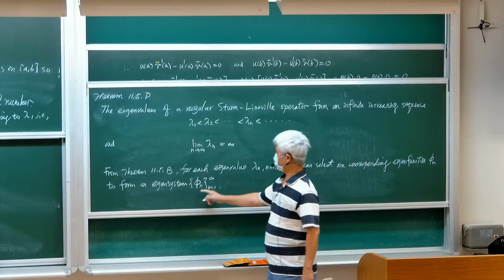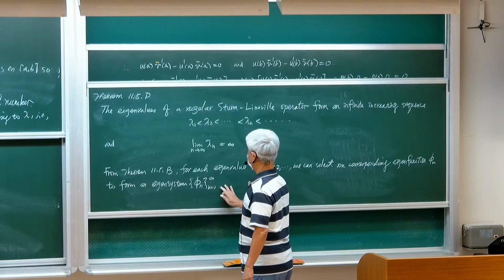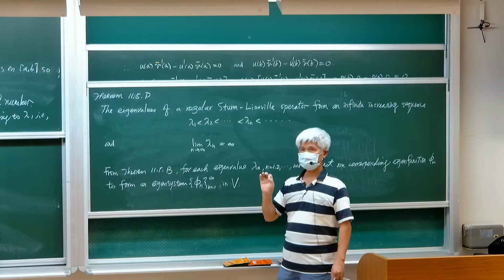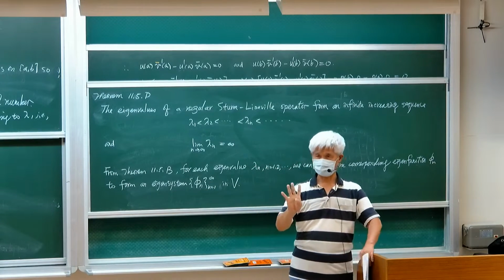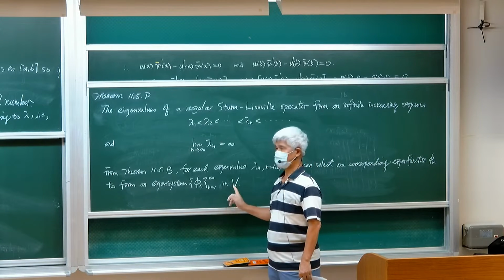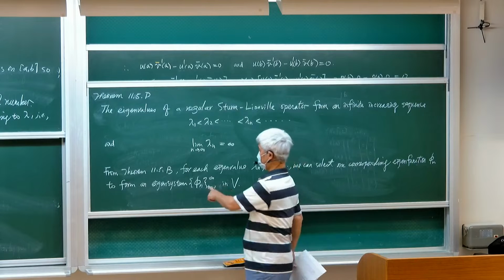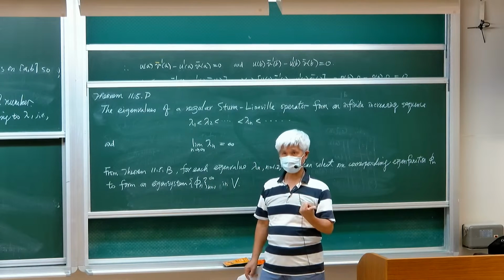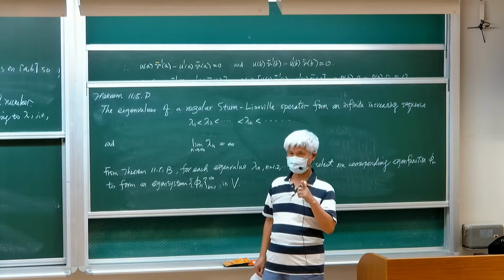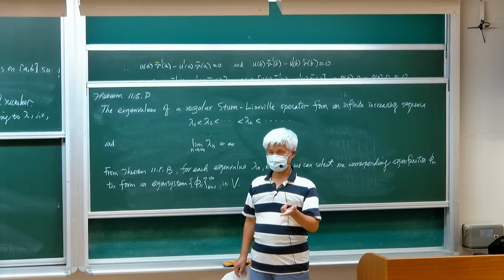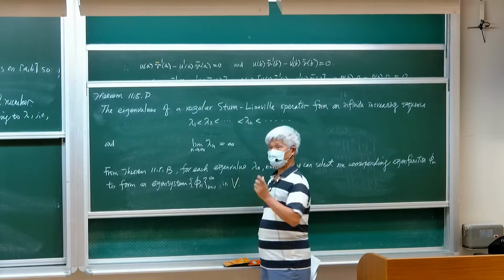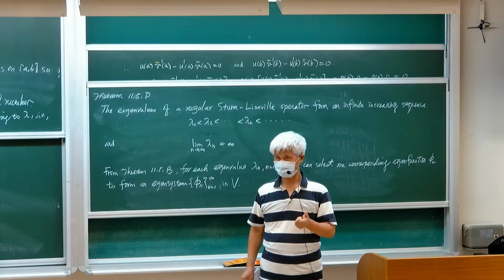And note that each phi n is in V. So each phi n satisfies the four properties when we define capital V. First, each phi n is continuously differentiable. Second, its derivative is absolutely continuous, so that the second derivative of phi n exists for almost all x.